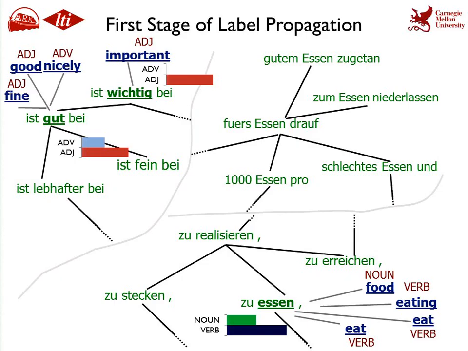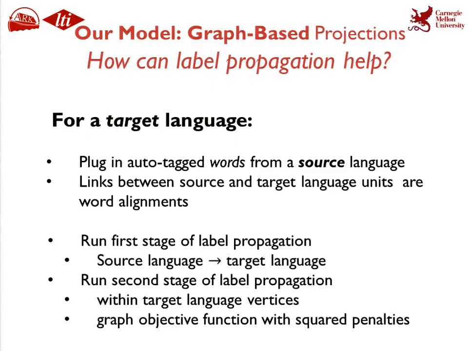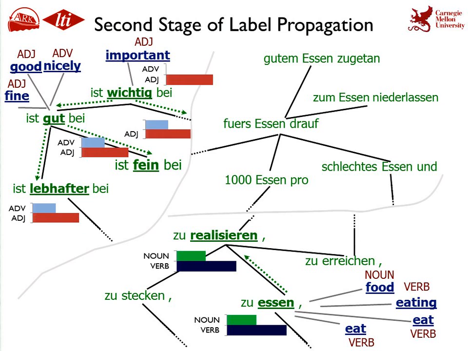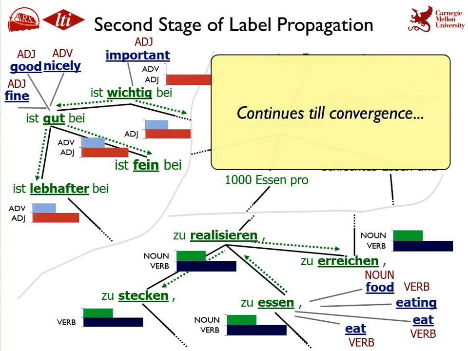So after doing this seeding procedure, we run the second stage of label propagation, which is traditional label propagation within the target language vertices, and we use a graph objective function with the quadratic criterion. It propagates the seed distributions throughout the graph and runs until convergence.